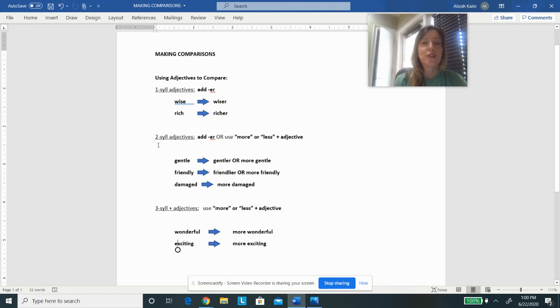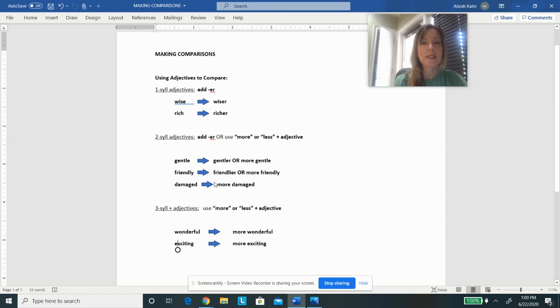If your adjective is two syllables, most of the time you have two choices. You can add the ER like the one-syllable adjectives, or you can add the words more or less with your adjective. No ER. Do not combine. Use one or the other. Now sometimes you cannot add ER to a two-syllable adjective, and if you're not sure if you can or not, consult your dictionary.